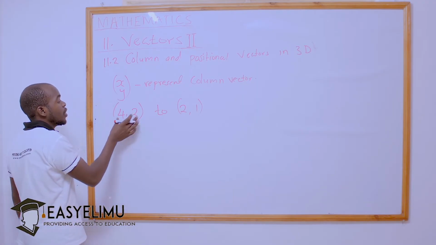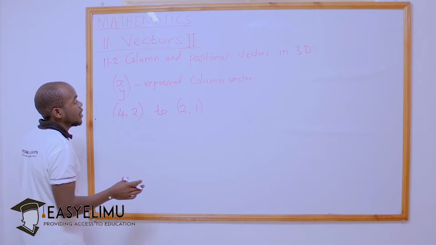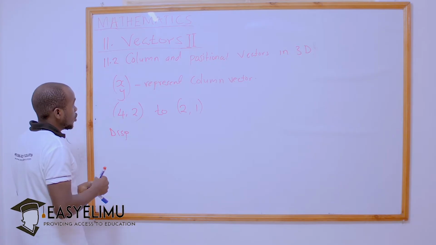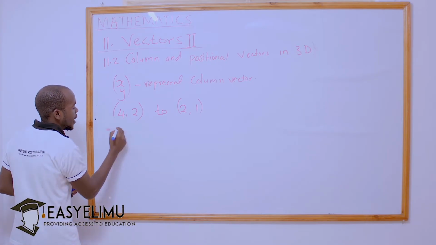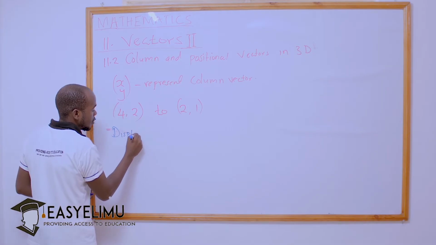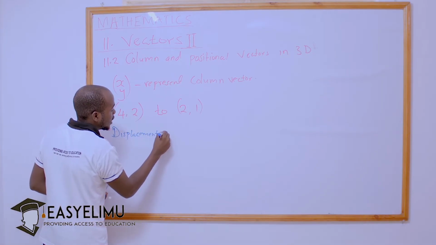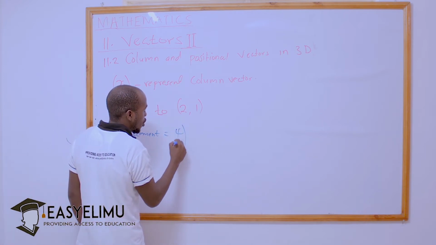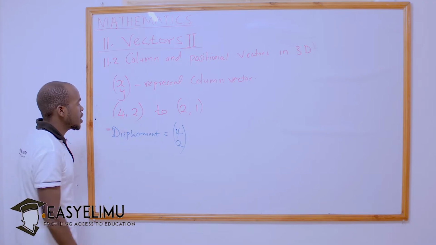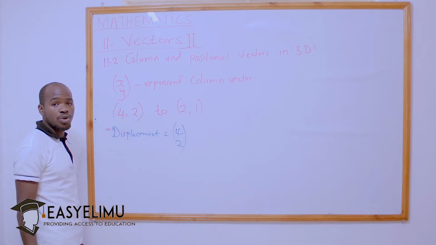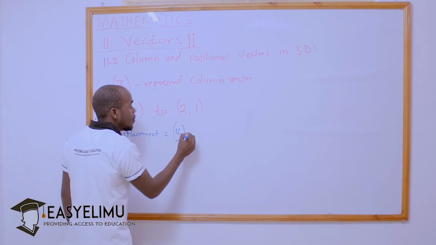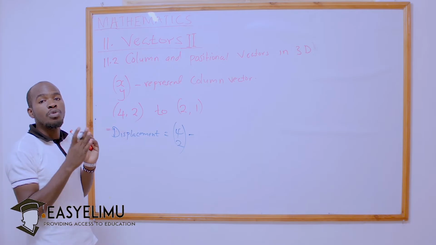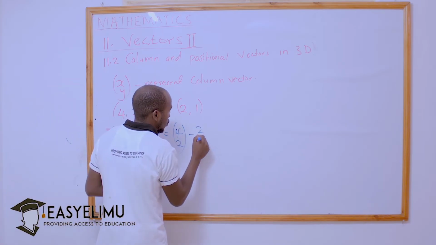So if we change them to column coordinates, to find the displacement here, the displacement will be given by taking the difference between the two. So we arrange them in column coordinates. It is 4, 2. These are the coordinates of the given point which was changing. And then whatever we shall be subtracting is the displacement, and that is the vector to which that point was moving to. So we shall have 4, 2 minus 2, 1.